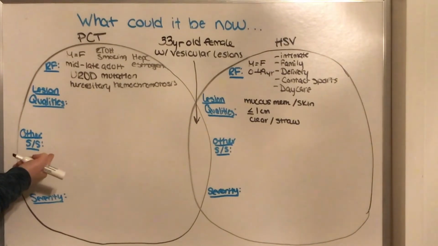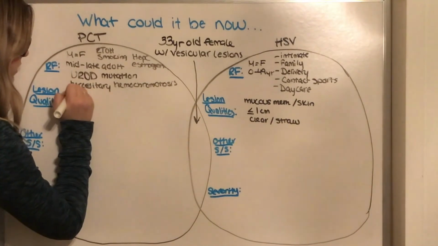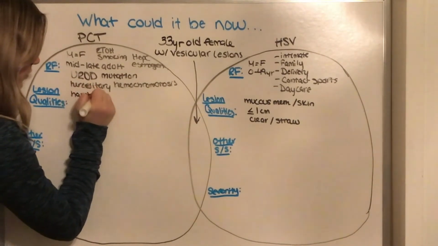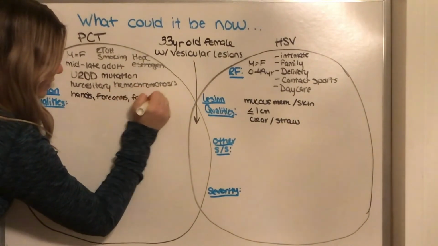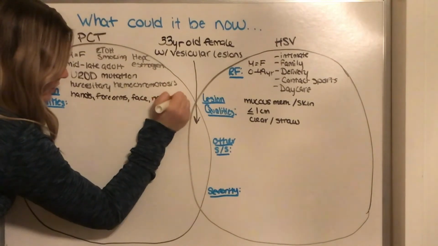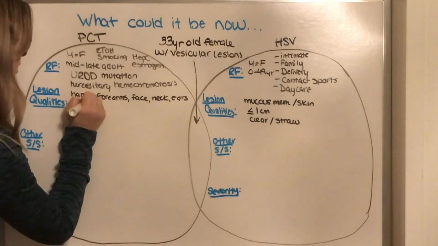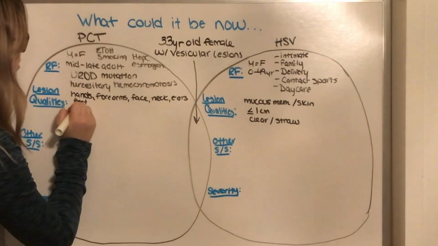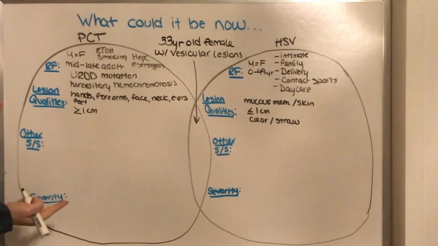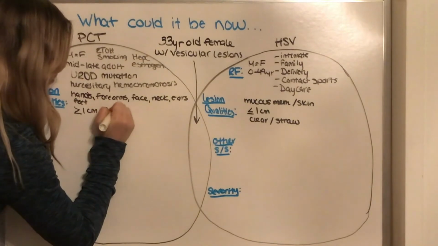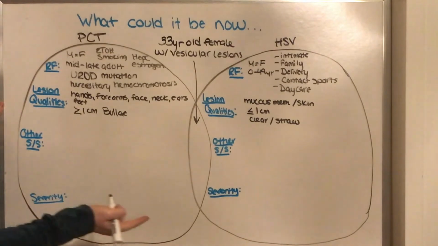Talking about porphyria cutanea tarda's lesion qualities, these are seen on the hands, forearms, face, neck, ears, and feet. These lesions are greater than 1 centimeter, and this is no longer considered a true vesicle. This is considered a bulla, or bullae, but is still a fluid-filled lesion.